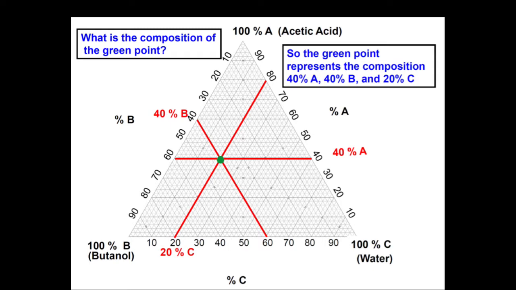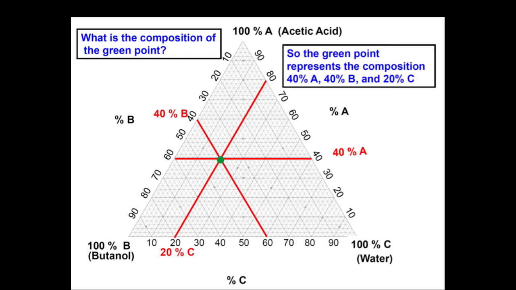But of course, it's got to have the others in it as well. So how do I figure out the percent B? Well, I start at the 100% B vertex, and I go to the line that's opposite that vertex. And that line is 0% B. And then I start counting up 10, 20, 30, 40% B. That's how you do it. And then the remainder is C, okay?